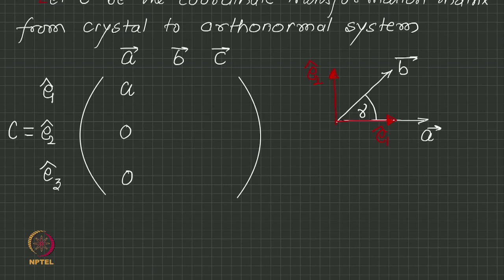The x component, or the E1 component, is B cos gamma. The y component is B sin gamma. And the z component, z is perpendicular to this plane, so B will not have any component because B is lying in the E1 E2 plane. So, its z component is 0.